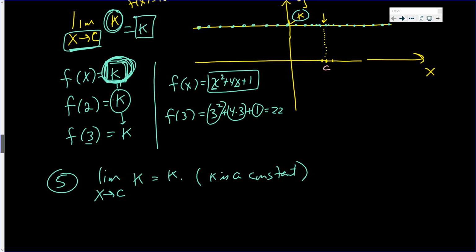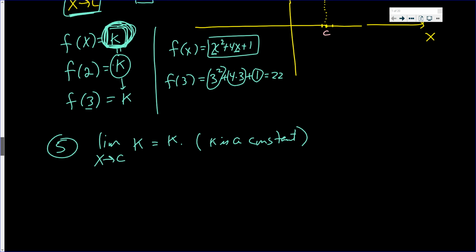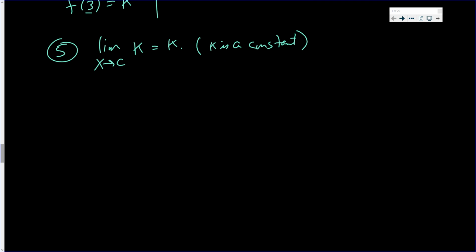Now, let us finish this by doing one more type of problem. Suppose you were asked to compute the limit as x goes to c of a constant times f of x. Well, that's a product. So let's use that product rule.